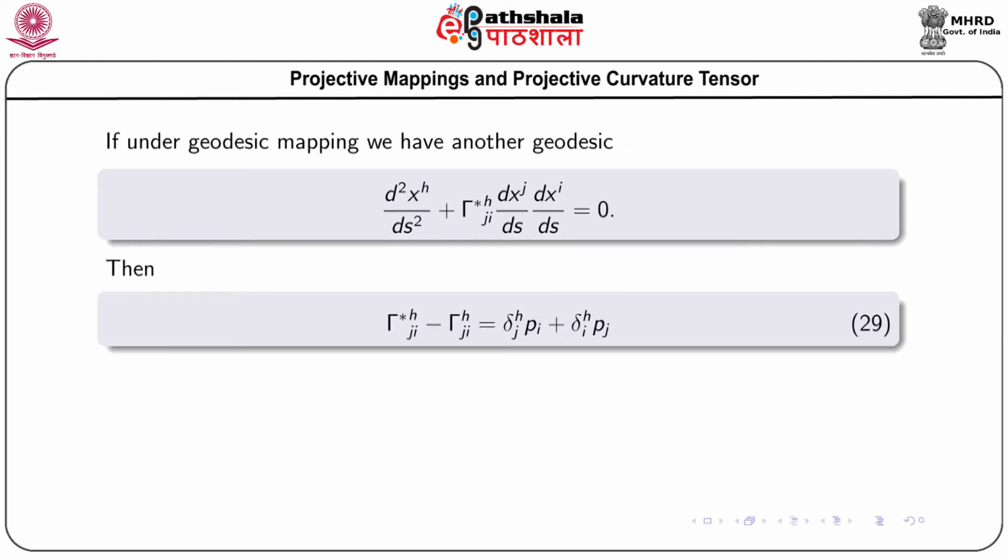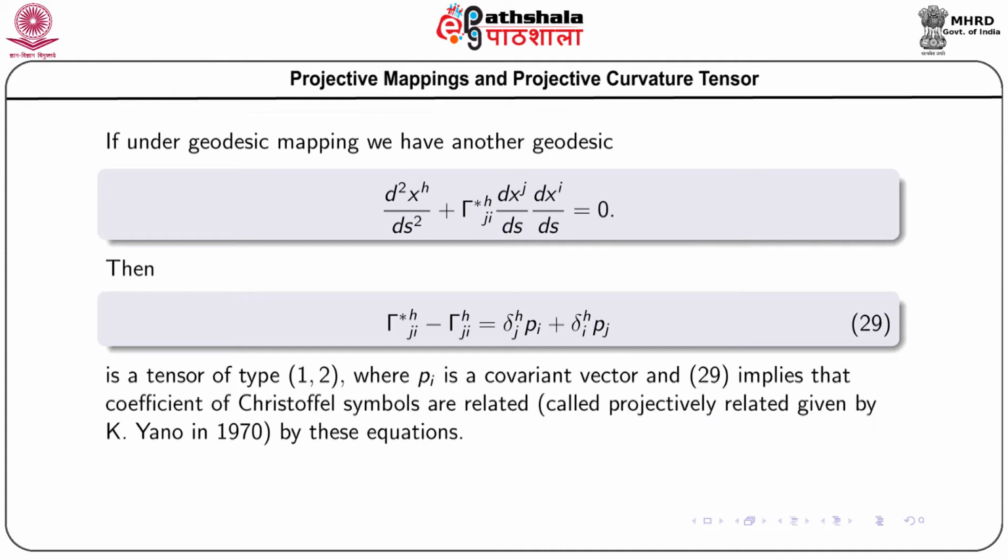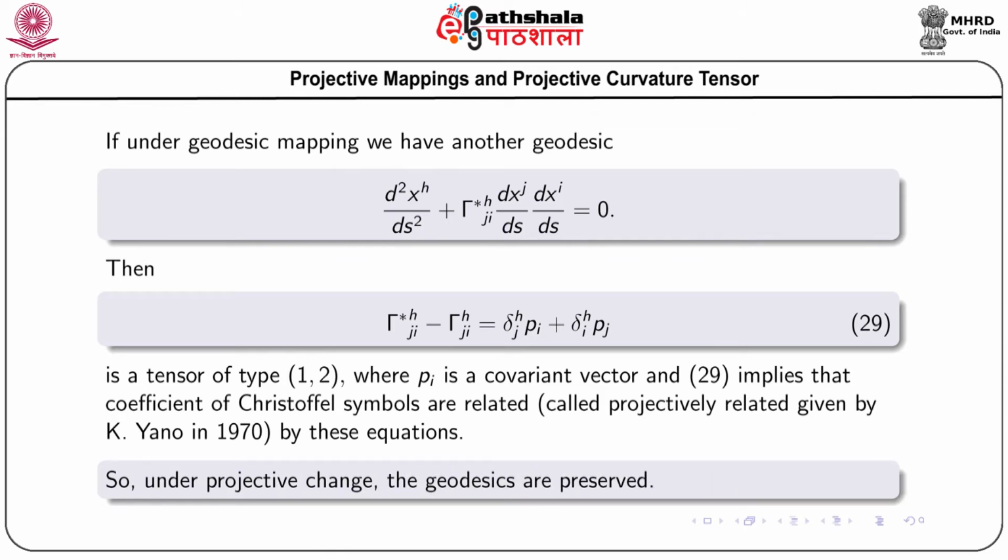Then they are related by this relation, Γ*^h_ji minus Γ^h_ji equals δ^h_j p_i plus δ^h_i p_j, where p_i is a covariant vector and the difference of these two, that is Γ*^h_ji and Γ^h_ji, is a tensor of type (1,2), and the coefficients of Christoffel symbols are related, and it is called projectively related, given by K. Yano in 1970 by equation number 29. So, under projective change geodesics are preserved.